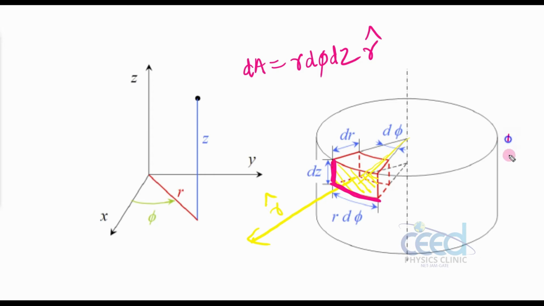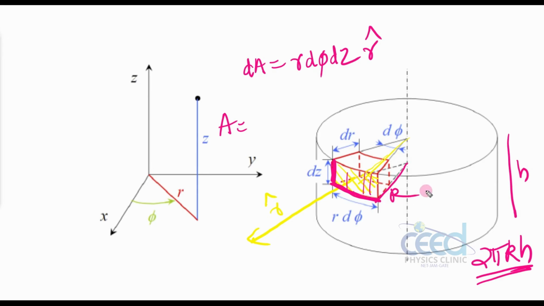If the height is h and the radius is r, what is the curved surface area of the cylinder? It is 2 pi r h. So let us check by integrating. Here d phi and dz are the variables, and r is a constant, the radius, so I can take r outside a double integral.